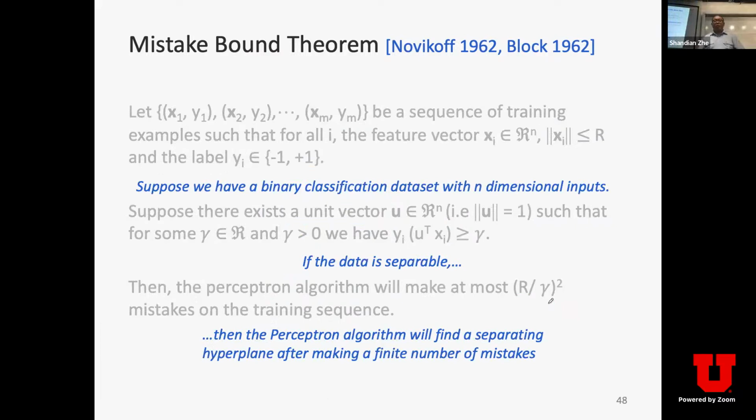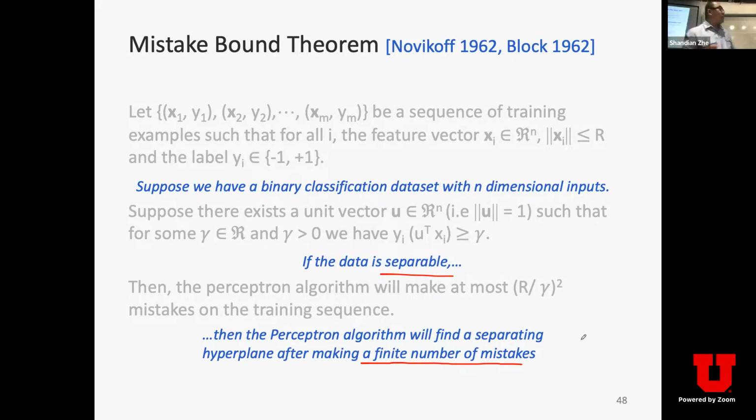If we put it in a more concise way, the Mistake Bound theorem just tells us that suppose we have a binary classification data set with n-dimensional inputs. If the data set is linearly separable, then the perceptron will find a separating hyperplane after making a finite number of mistakes.